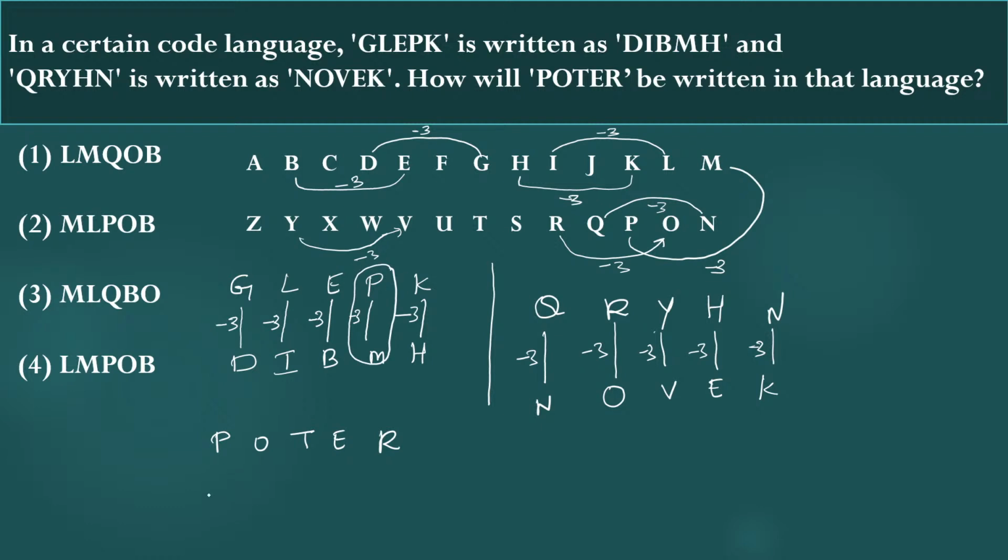In the place of P we get M, and O -3 we get L. T -3 we get Q. E -3 we get B, which is already there. R -3 we get O.